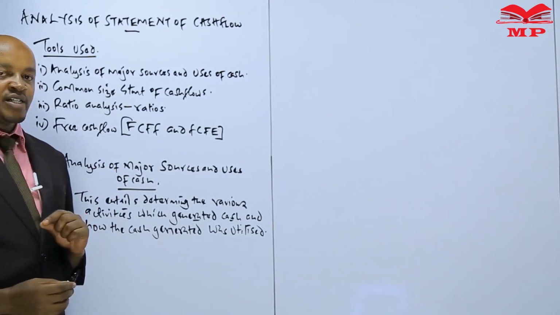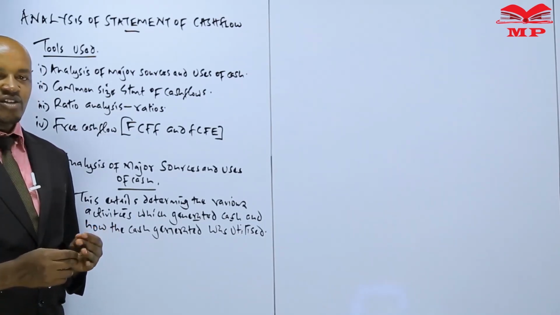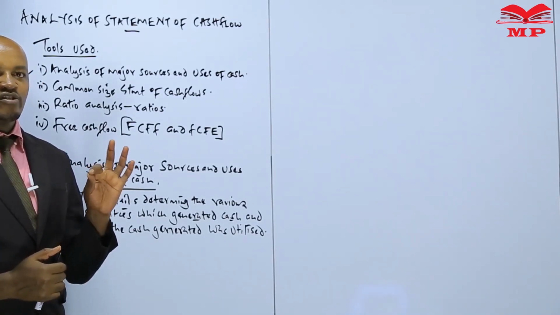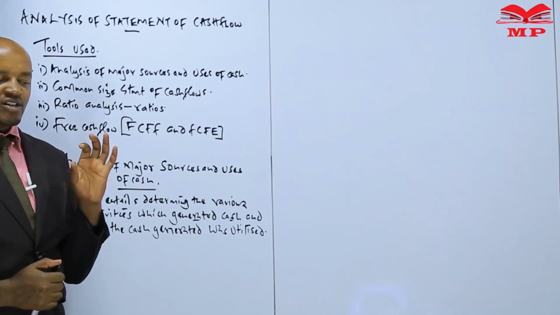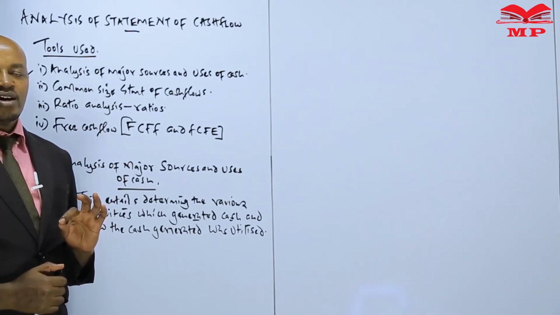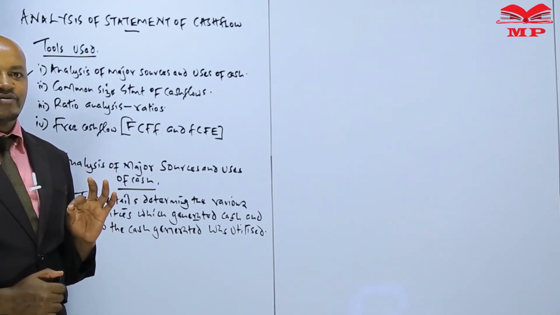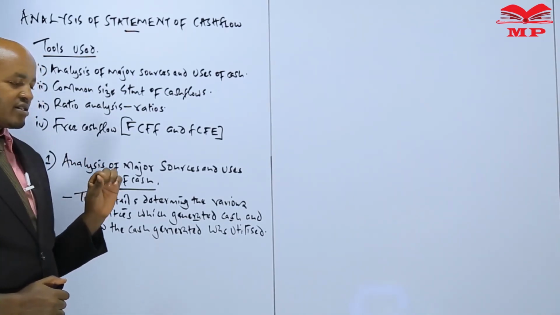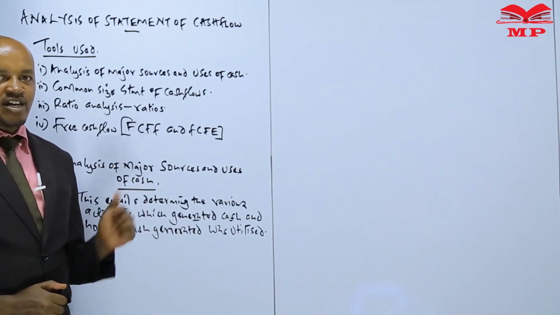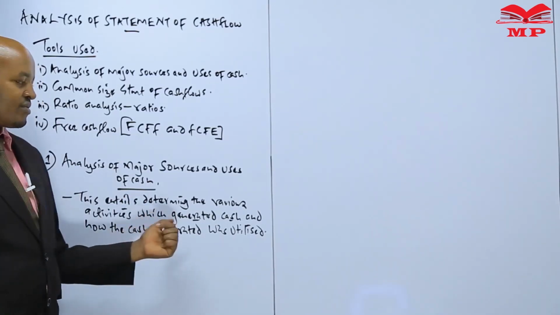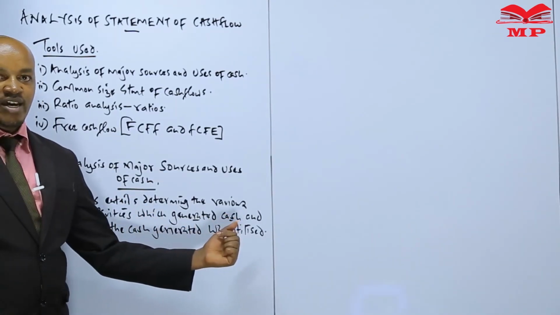For the analyst to be able to do that, he will be checking what is referred to as the net cash flow. For instance, he compares the net cash flow from operating activities, net cash flow from financing, and net cash flow from investing, and those activities which have a net cash inflow will be deemed to be the activities which generated cash.